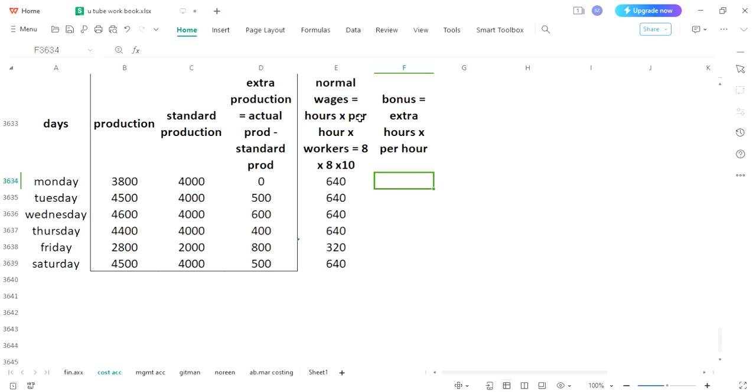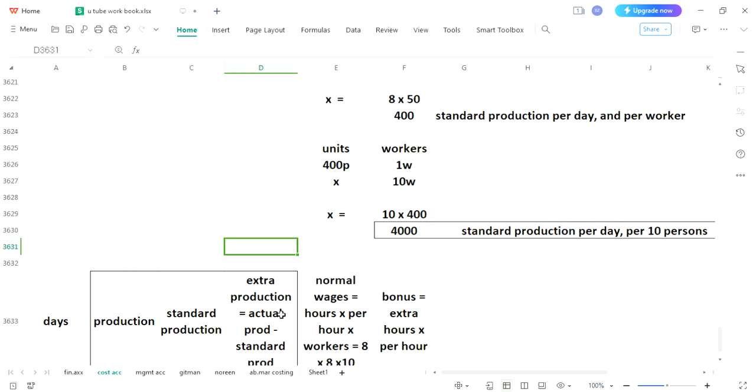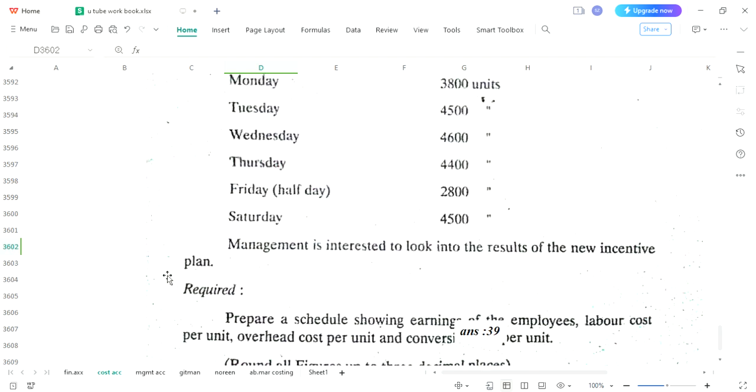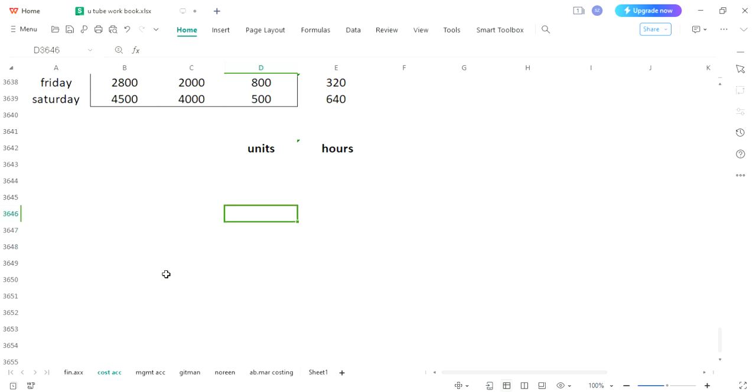So we will follow the unitary method, and units are going to be matched with hours. It was said at the start of our question that 50 units per hour. So the same would be put over here. 50 pieces are made in 1 hour. So how many pieces do we want to know?